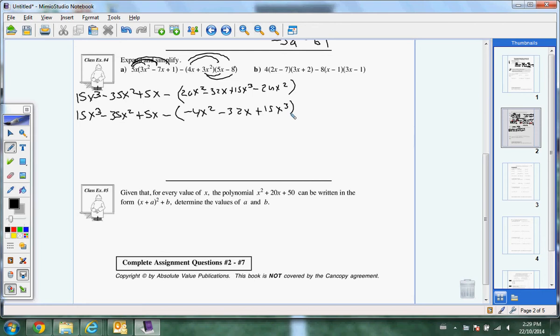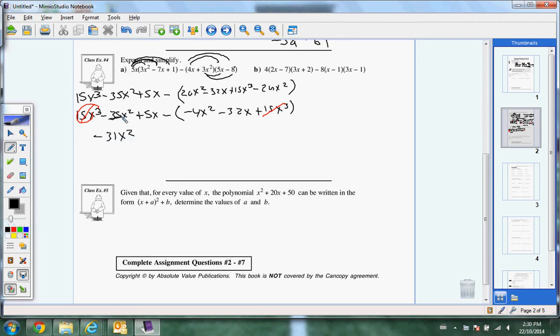So this right here, let's go through. Again, 15x cubed minus 15x cubed, so they go away. Okay, I have a negative 35x squared minus a negative 4, so it's plus 4. So that's going to give me negative 31x squared.